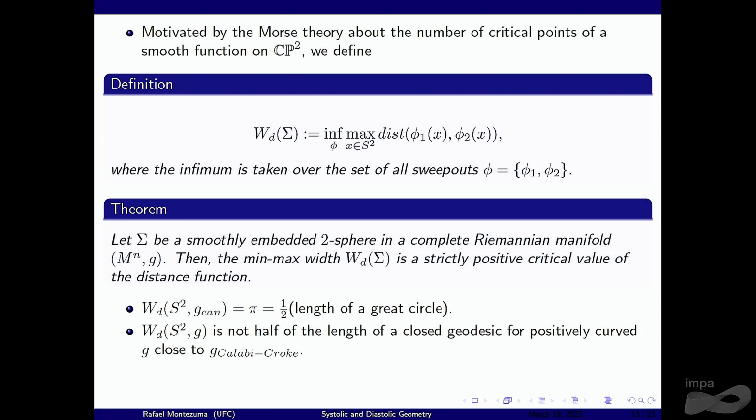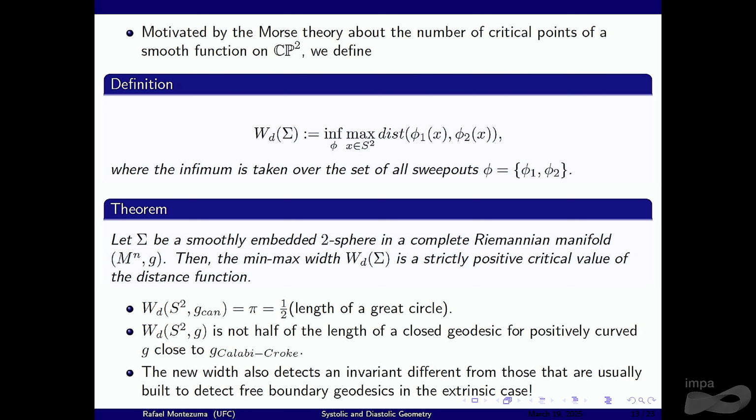So in particular, we see that we are dealing with an invariant which is different from a systole or the diastole, the diastole that you get when you do min-max with the length functional.